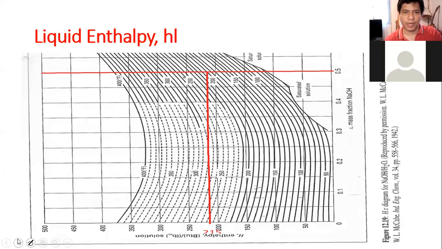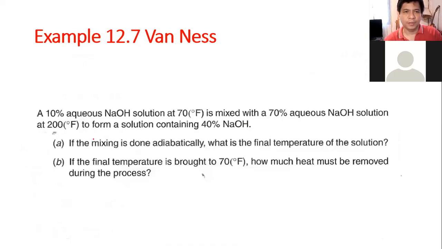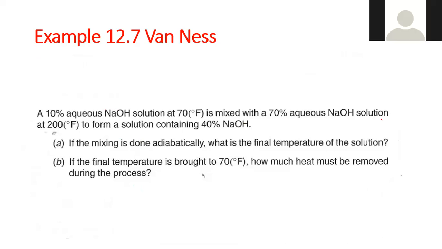Okay, so this is for the HL. Ganun din, 50% and then the temperature is, ilan ba to? 200 ba to? Anyway, na-discuss na natin ito last week. So let's try to discuss example 12.7. Yung ibang part nito, inassign ko sa inyo para maka-experience kayo magbasa ng enthalpy diagram.